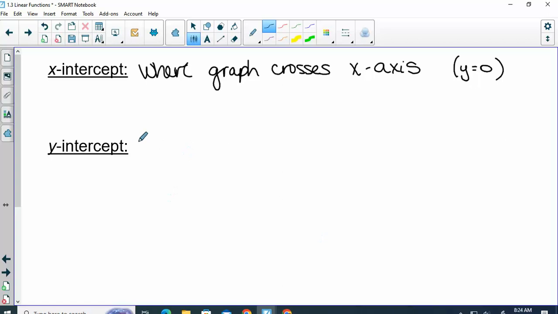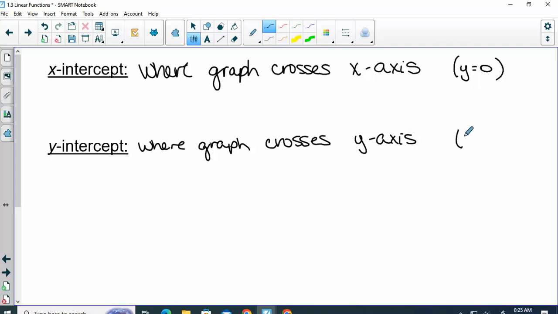All right, so a y-intercept then. And to find that, yeah, it's just the opposite variable is 0.